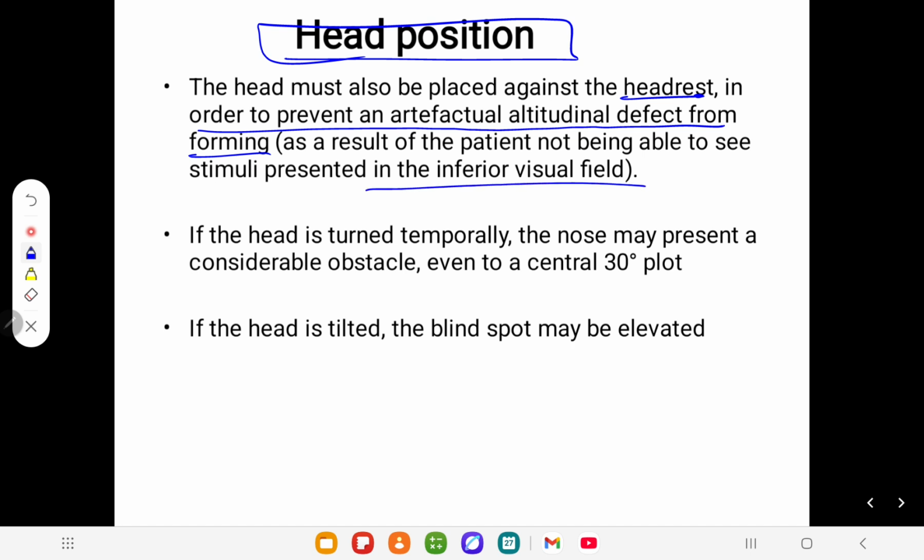If you don't position your chin and head appropriately, you cannot see a particular field stimulus. That's why there will be a defect like an altitudinal defect. If the head is turned temporally, the nose may appear as a considerable obstacle, even in the central 30 degrees. If the head is tilted, the blind spot may be elevated and there is definitely a fixation loss problem.